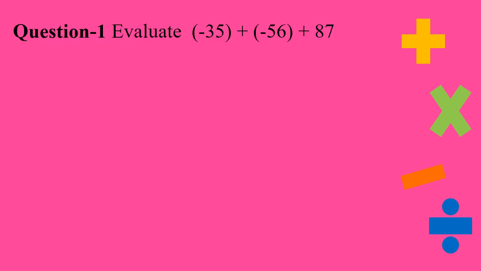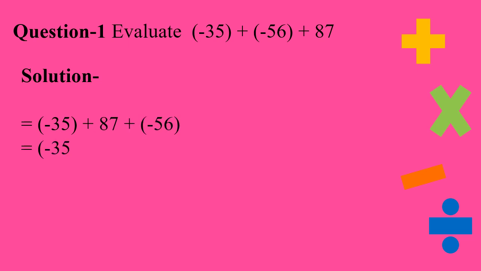Now let's take one question and see how this concept can be used in solving questions. Here we need to evaluate minus 35 plus minus 56 plus 87. We can easily solve it just by arranging the numbers, like shuffling minus 56.